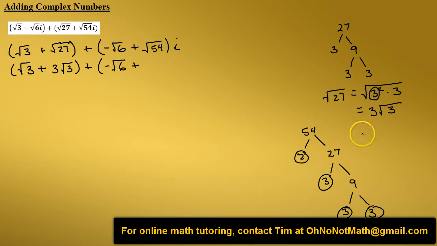So the square root of 54 can be written as the square root of 2 times 3 times 3 times 3, which is 3 squared. I have a perfect square, so I can pull that out from under the radical. And then I have 2 times 3 inside, which is 6. So the square root of 54 equals 3 times the square root of 6.